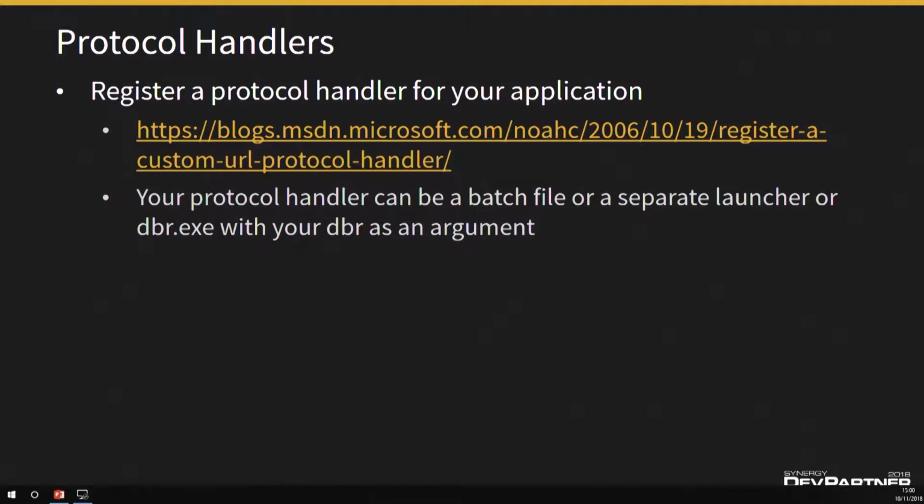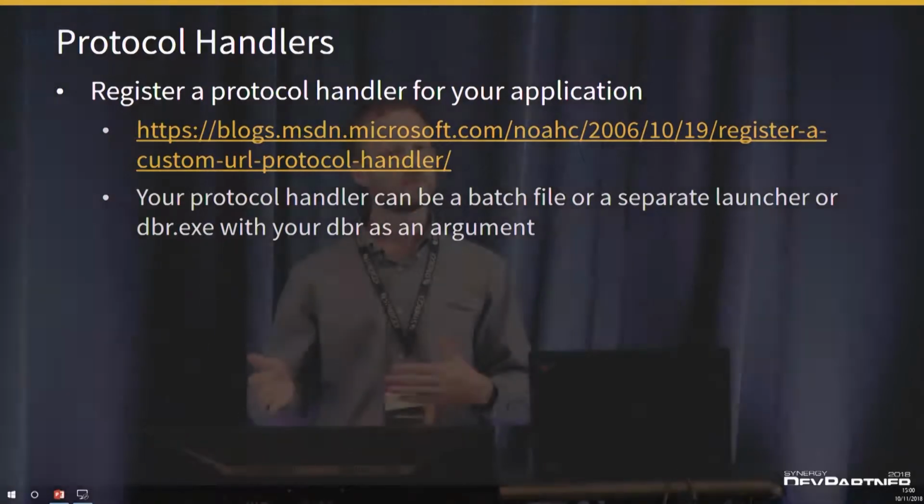So the way Windows figured out that I wanted to launch Tracker, which is a DBR program, FYI, was with a protocol handler. So protocol handlers are a concept in Windows, and they've been around for a pretty long time. You can see the date on my URL here is from 2006, and I think they were actually pretty old when this blog post happened. So they've been in the product for a very long time. But you can register a custom URL protocol handler.